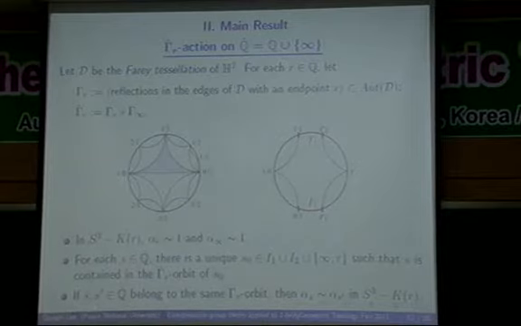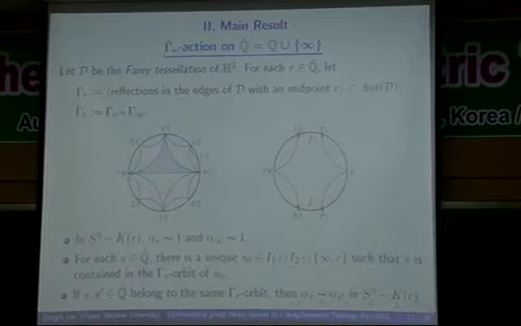And also, we know this: if S and S prime in Q hat belong to the same orbit, then the two essential simple arcs with slopes S and S prime are homotopic in the two-bridge link complement.